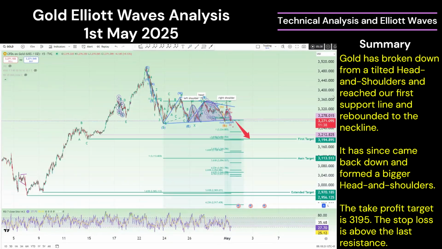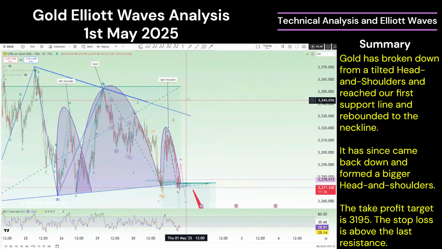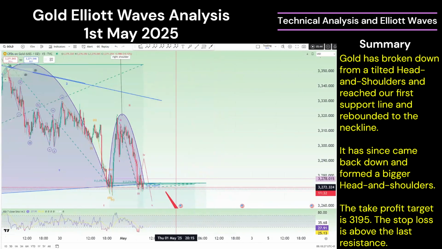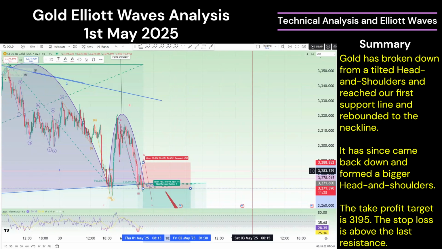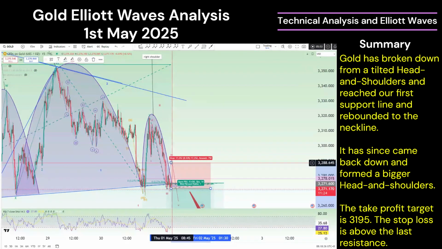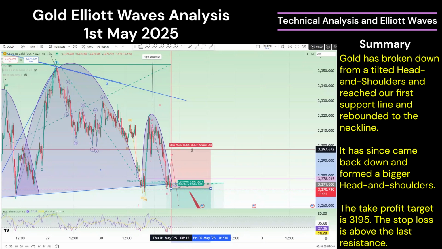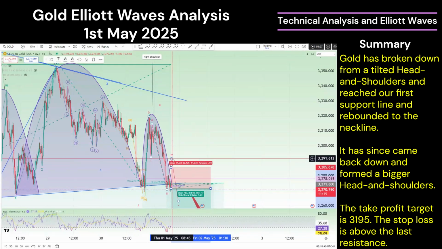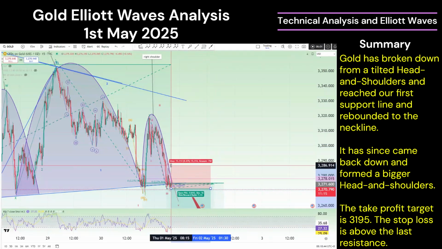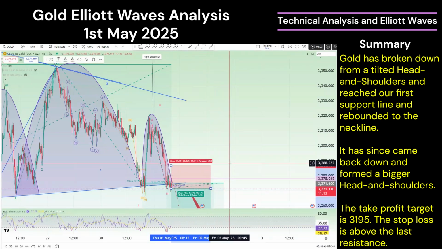Now, practical trading wise, where should your stop loss be? Now, let me just put it here. Okay, let's assume that this is the fourth wave, right? You will then put it slightly above here.